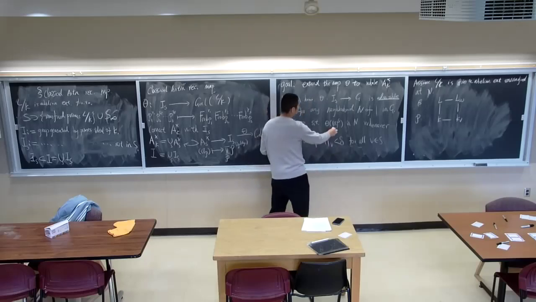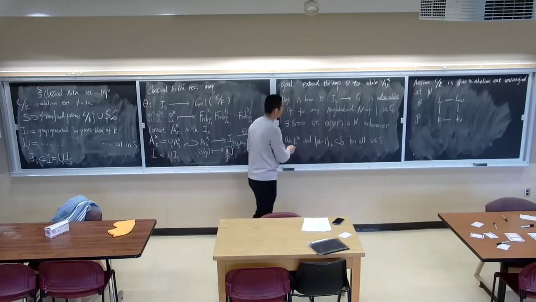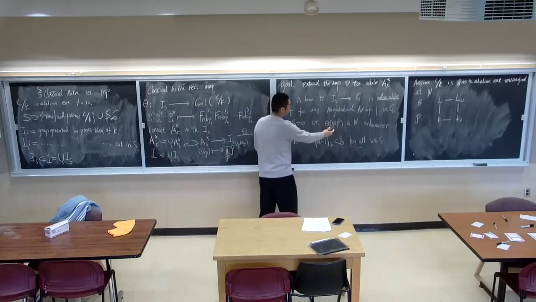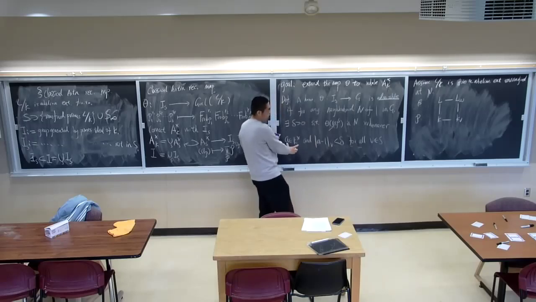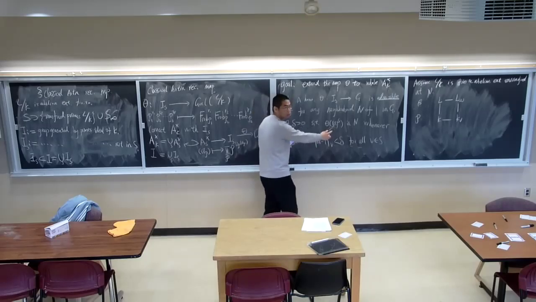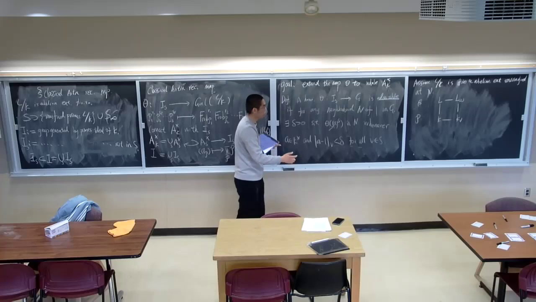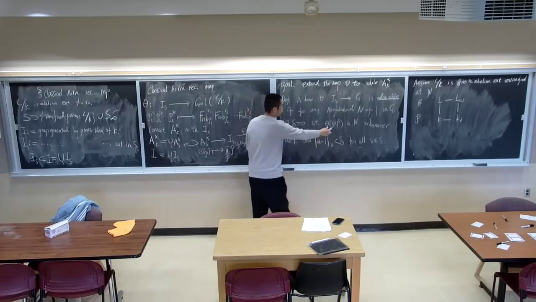It's easy to understand this notation. Here a is any element in K cross, so we can take its fractional ideal. You can write this fractional ideal as a product of primes.